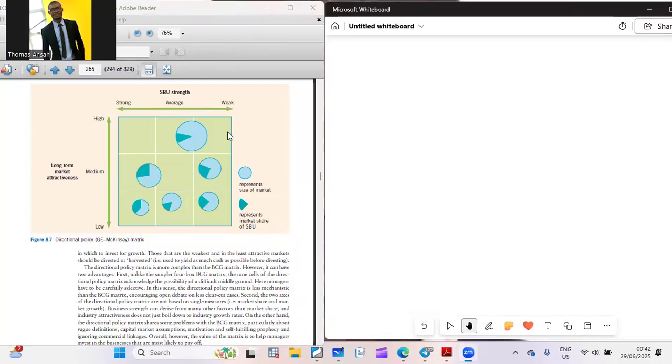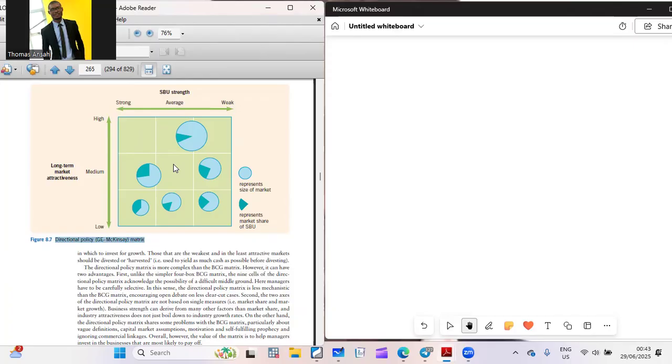As you can see on your screen, this is the directional policy McKinsey matrix. We talked about definitional vagueness, and so this one gives a 9-cell grid: 1, 2, 3, 4, 5, 6, 7, 8, 9.